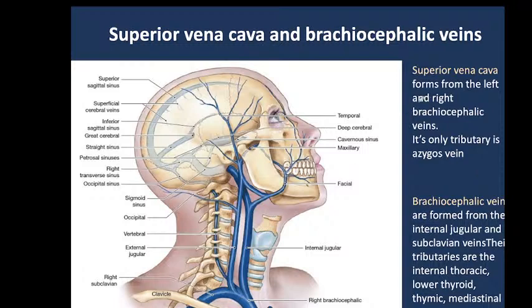As I said, the forming structures for the superior vena cava are brachiocephalic veins here. And for brachiocephalic veins, we would say that they are formed from internal jugular veins, as you see here, and subclavian veins, which come together and join together.